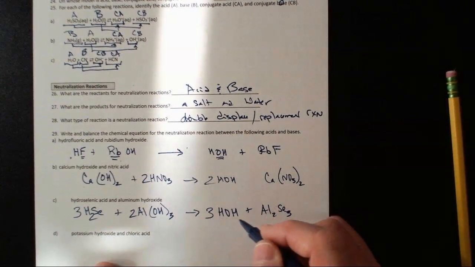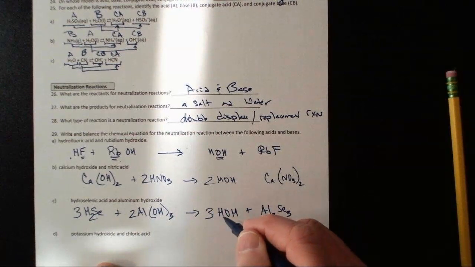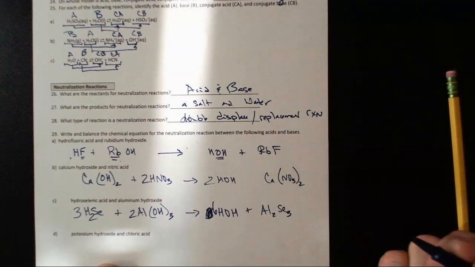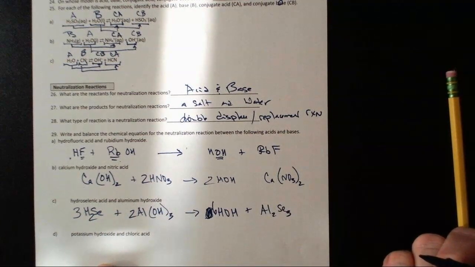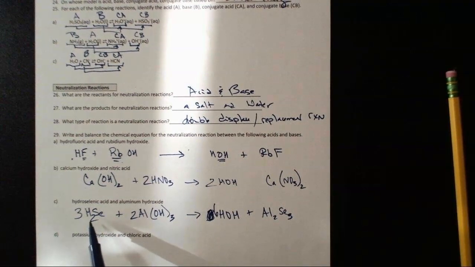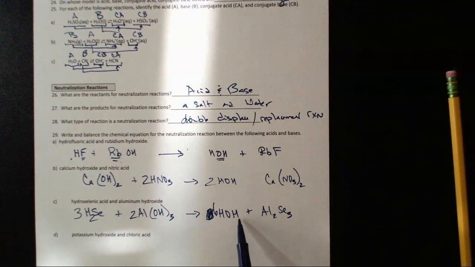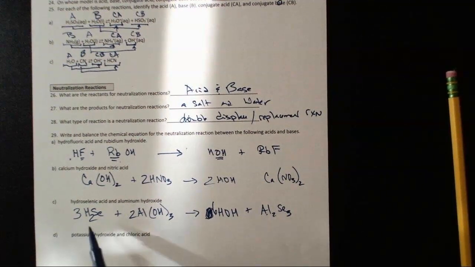After we take a look at this, what we find is that I don't have enough hydrogens on this side, because you can see there are 6 here, so this needs to be 6. And now we should be in balance. 6 hydrogens, 6 hydrogens, 6 hydroxides, 6 hydroxides, 2 aluminums, 2 aluminums, 3 seleniums, 3 seleniums, and there we go.